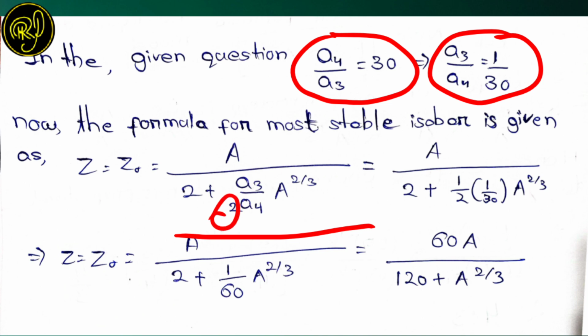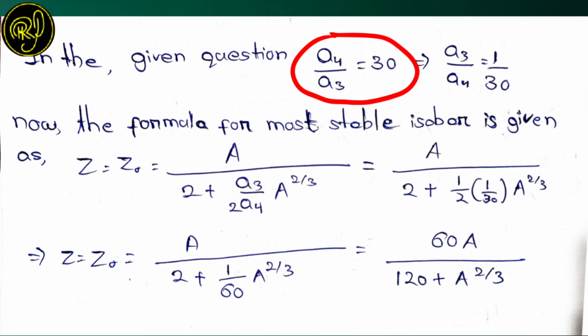Here it is 2, so we are writing half, and in place of A3 by A4 we are writing 1 upon 30, and A to the power 2 by 3 as it is. So we get Z = Z0 = A by 2 plus 1 by 30 multiplied with half, so it comes to be 1 upon 60, then A to the power 2 by 3.